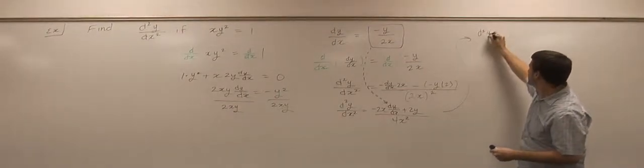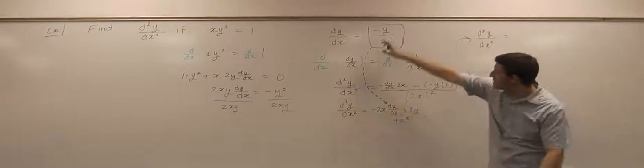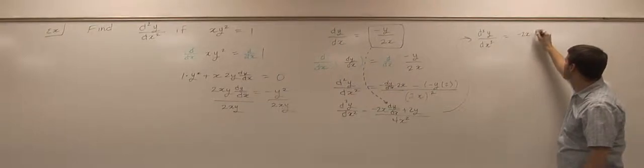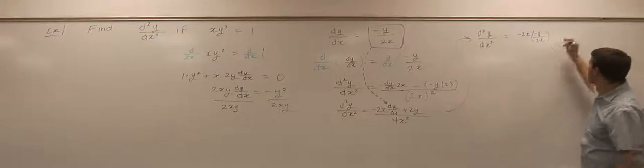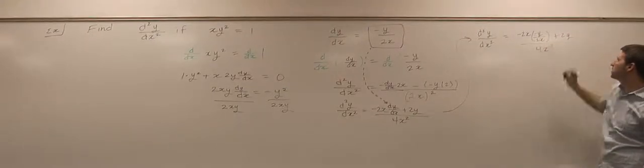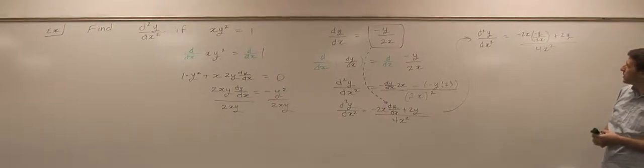So d squared y/dx squared equals negative 2x times negative y over 2x, plus 2y over 4x squared. What do you think? This one I would definitely simplify. What happens here?